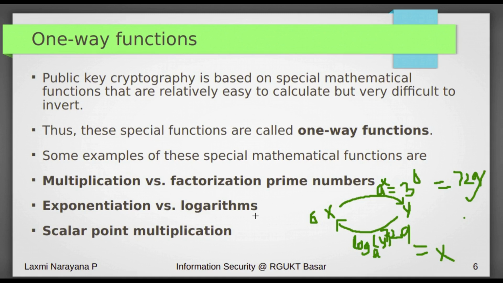Diffie-Hellman uses this idea that finding logarithms is relatively harder than performing exponentiation. Third one, scalar point multiplication.